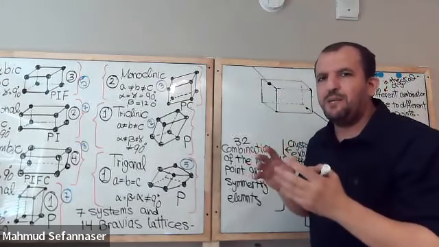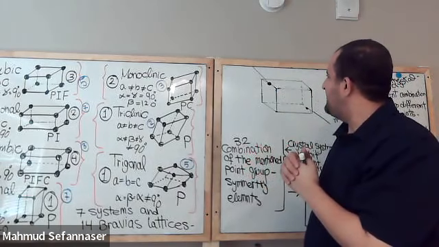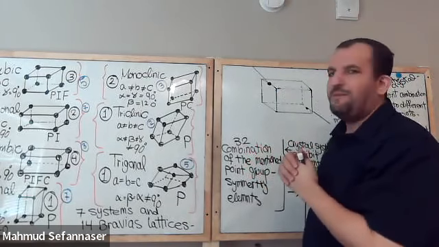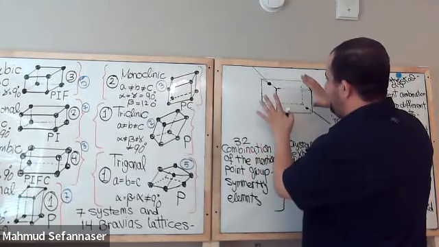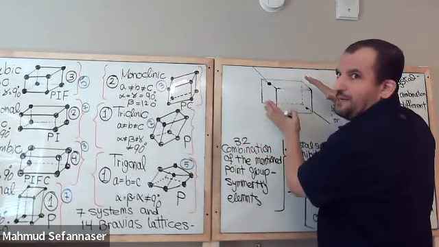So 90 degrees is considered strange because we need to have the same symmetry. We need to come back to the same position that you can see right here.